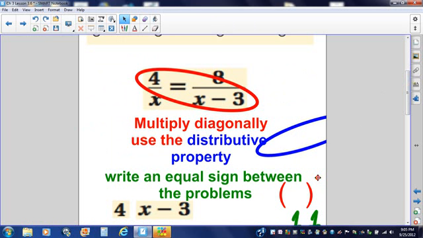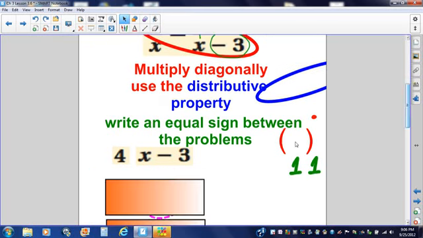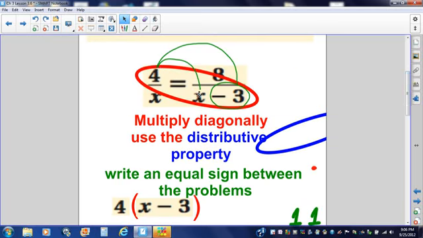So instead of putting a dot, remember I have to multiply the 4 by x, and I have to multiply the 4 by the negative 3. So I will put parentheses to show the multiplication. So I have 4 times x minus 3. There we go, distributive property.